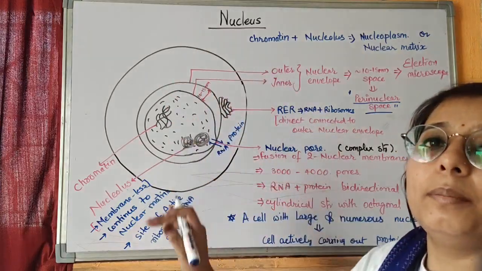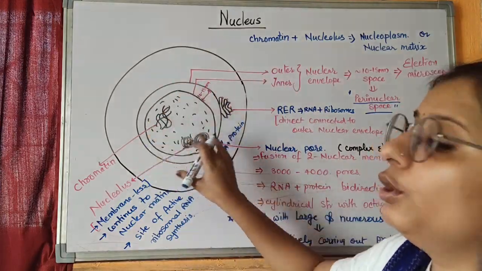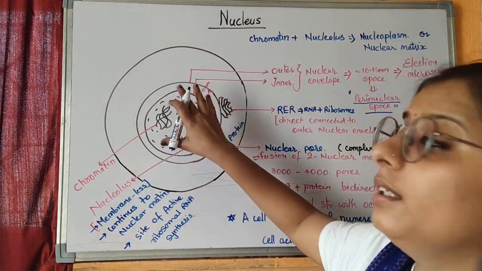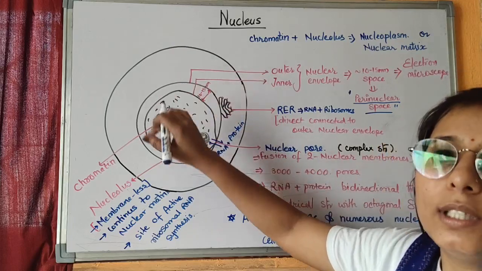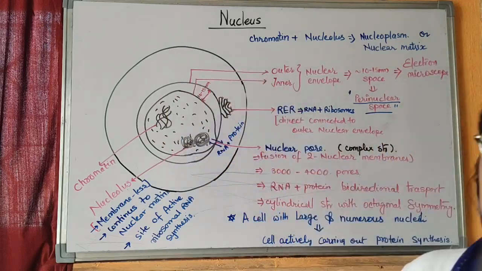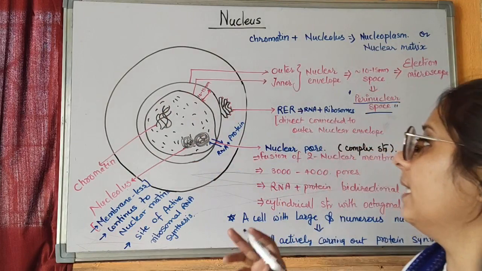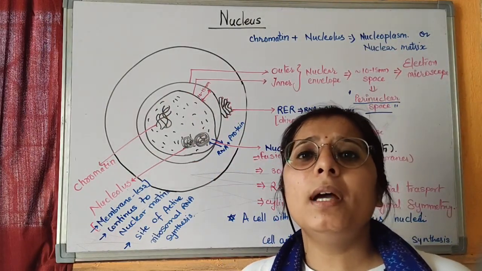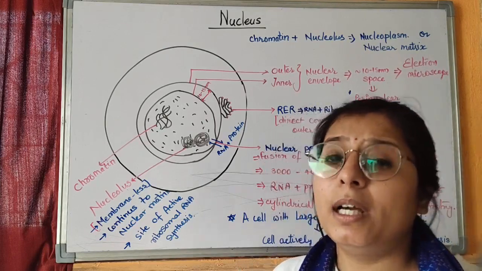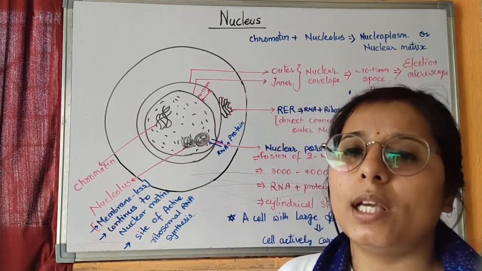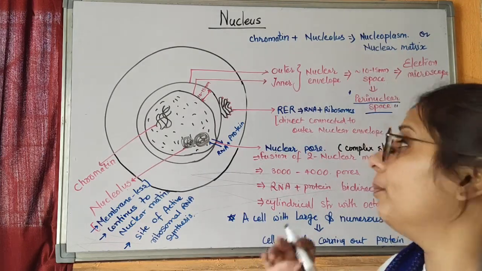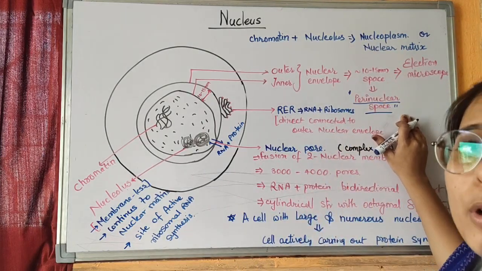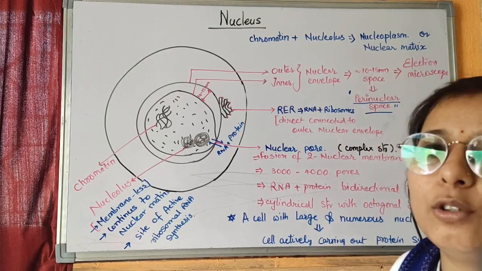Now, coming to the basic structure of the nuclear envelope and nucleus. A cell has a nucleus with a nuclear envelope. The nuclear envelope has two coverings, that is, a double membrane bound structure. It has an outer nuclear envelope and an inner nuclear envelope, and together they enclose a space called the perinuclear space, with a gap of about 10 to 15 nanometers.